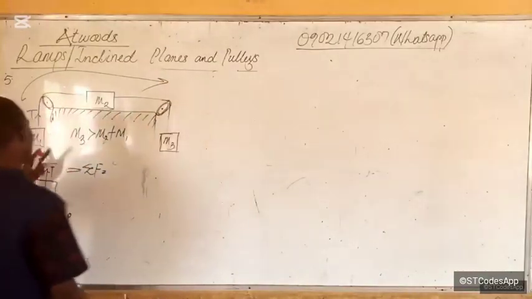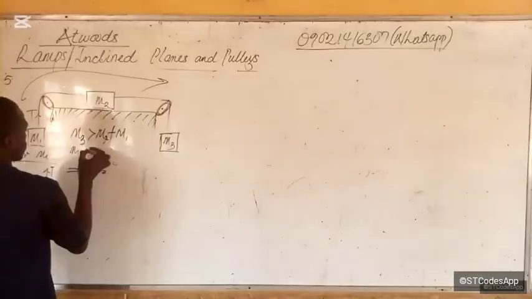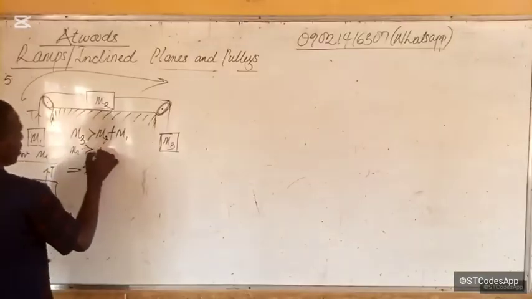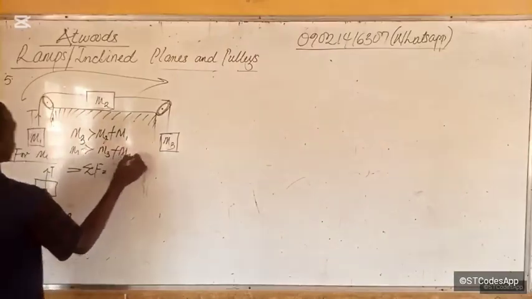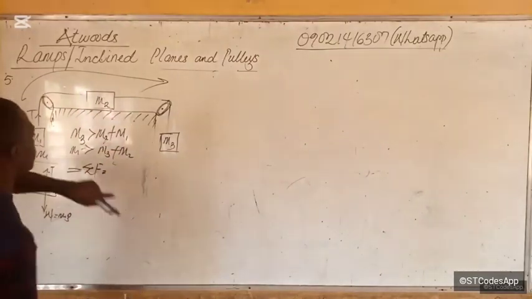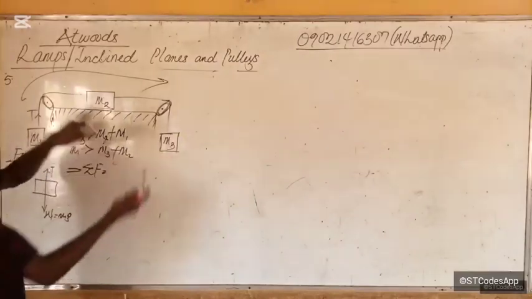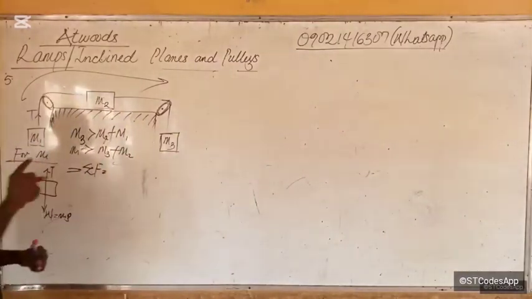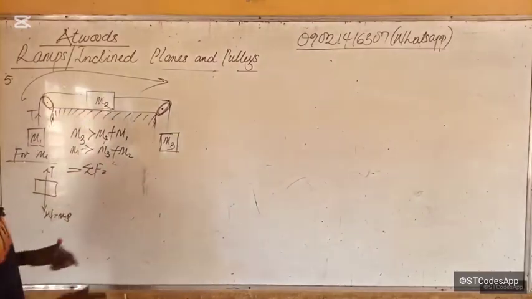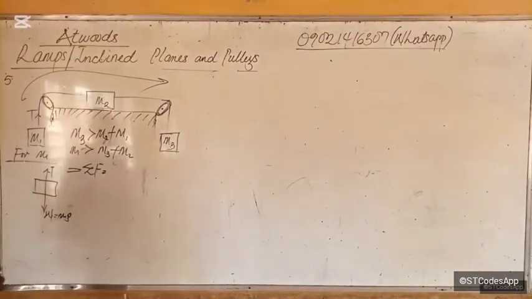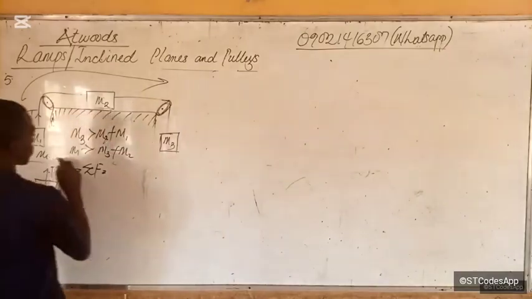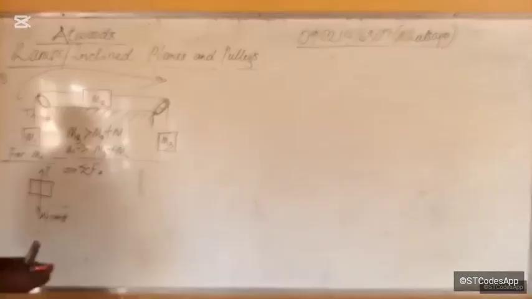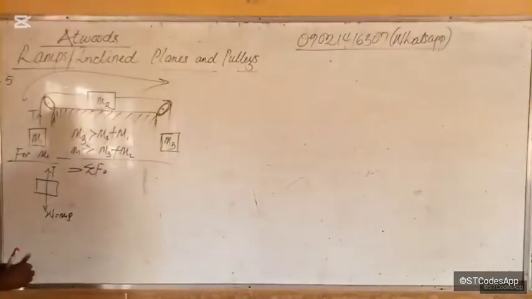And if m1 was greater than m3 and m2, the system will go in this direction, and that is anticlockwise. And if m2 was greater than both of them, then the system will not move at all. The system will be in equilibrium, or at least normal.